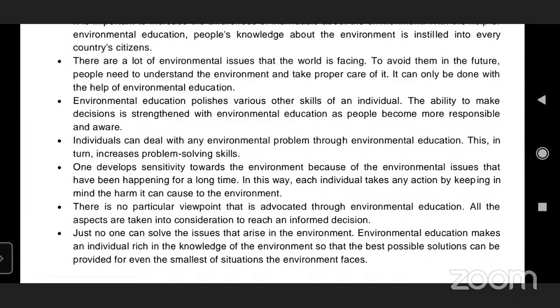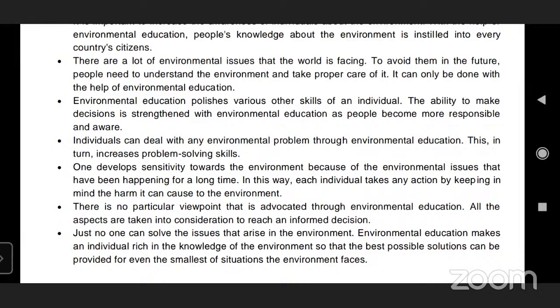Isn't it? So there is no particular viewpoint that is advocated through environmental education. All the aspects are taken into consideration to reach an informed decision. No one can solve the issues that arise in the environment alone.